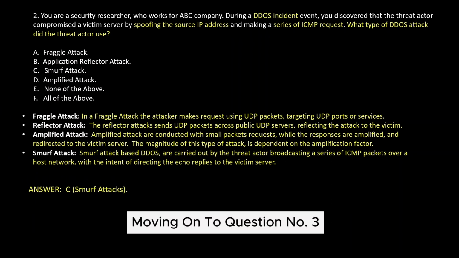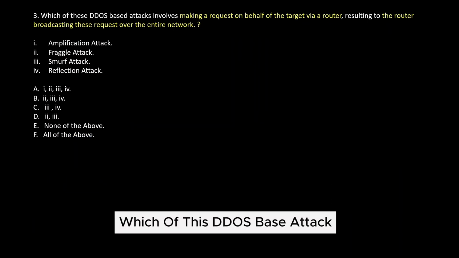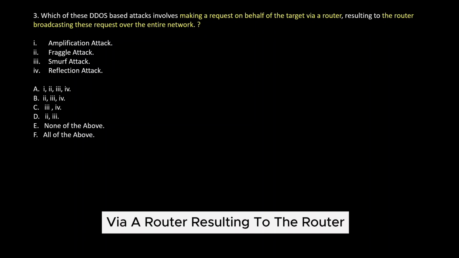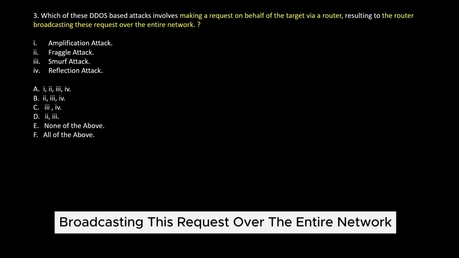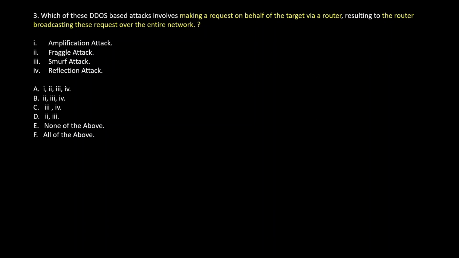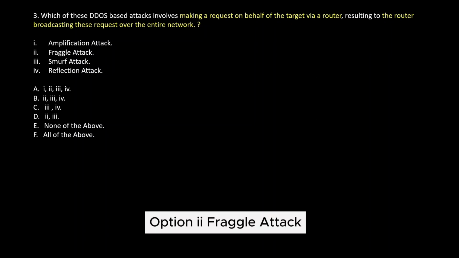Moving on to question number 3. Which of these DDoS-based attacks involves making a request on behalf of the target via a router, resulting in the router broadcasting this request over the entire network? Option I, amplification attack. Option II, fraggle attack. Option III, smurf attack. Option IV, reflection attack.